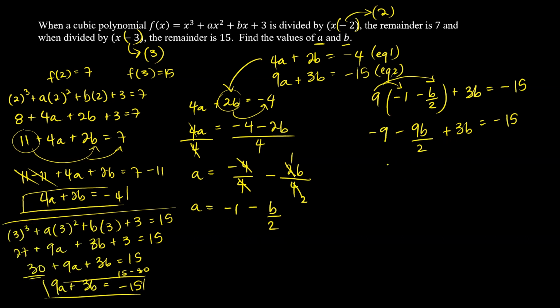All right, so we can go ahead and bring over this negative 9, right? So minus 9b over 2 plus 3b is equal to negative 15. Now, if we're going to bring it over, we have to change the sign, so plus 9. And so if we simplify it, it's minus 9b over 2 plus 3b, I'll write it as 3b over 1.